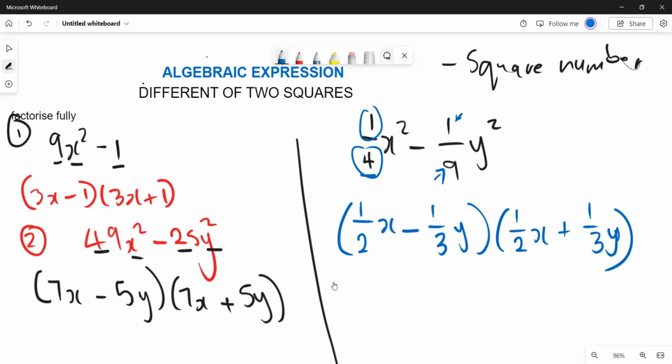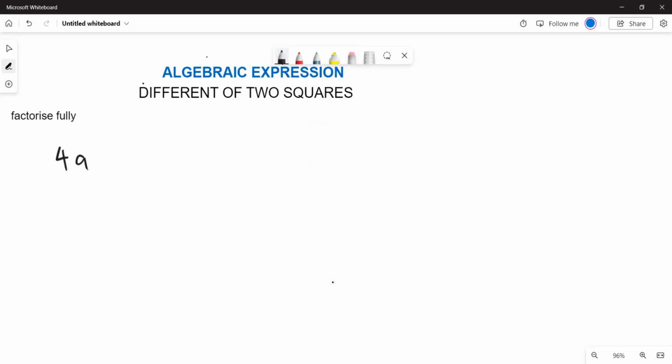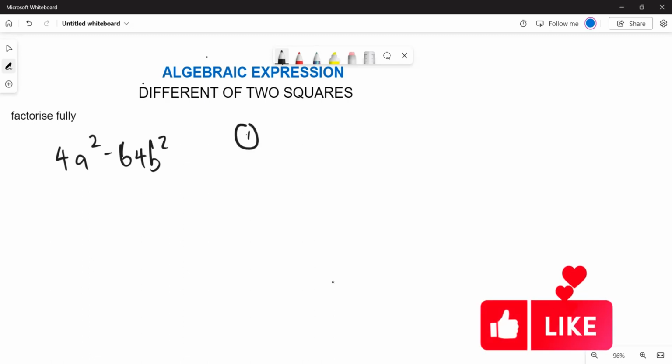Now let's see if we can find another example on the difference of two squares, right? You are given 4a squared subtract 64b squared, and they say you need to factorize this. Now this one is different, right? What is important is that, firstly, you take out a common factor.